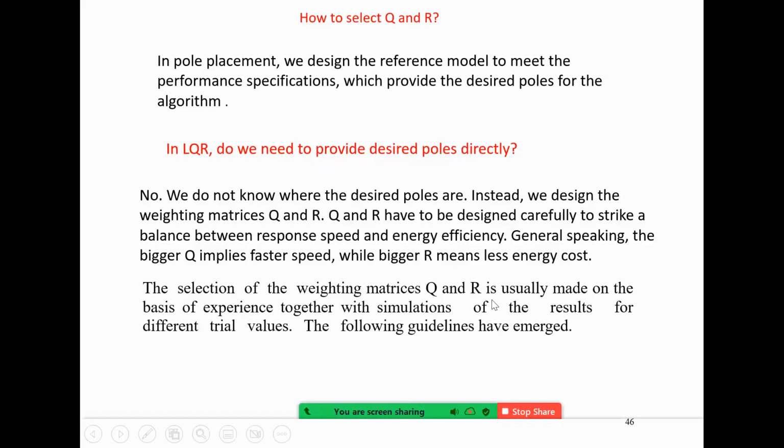So that's how we design. The selection will usually be made on the basis of experience, together with simulation of the results for different trial values. So you need to do some experiments. You try different possible values, but those possible weights will come from your experience.